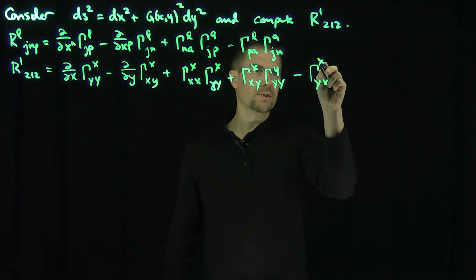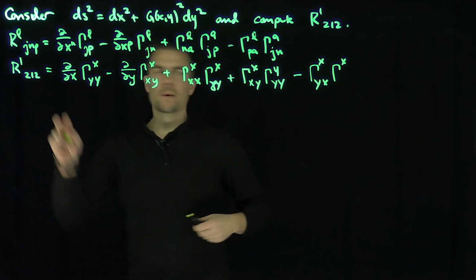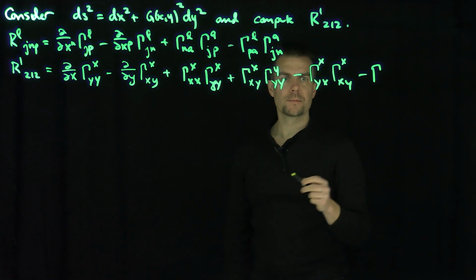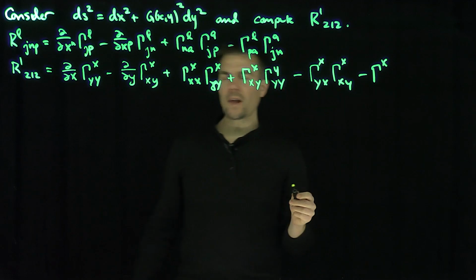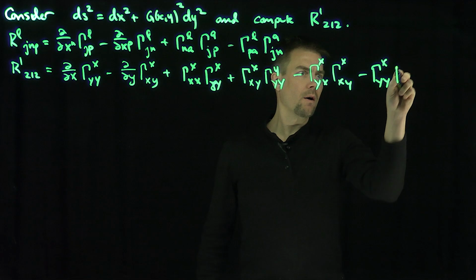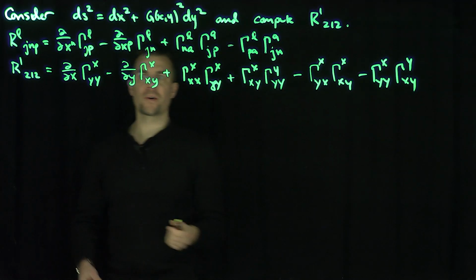I can do an x first, I have to trace on the upper x, and then J and N are going to be an x and a y. And then a minus gamma of x, and then P is 2, so that's a y. I can trace over y now, gamma of y, and then x and y, x, y. So that's the formula we have to compute over here.